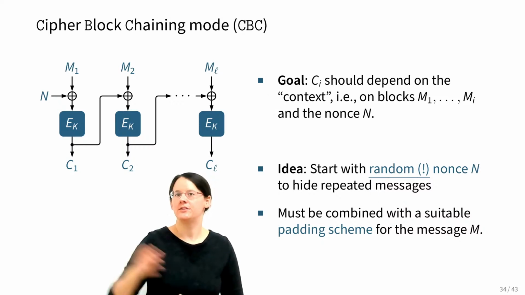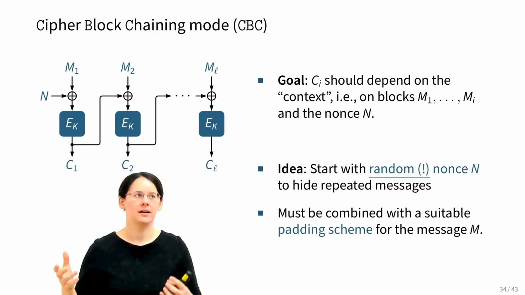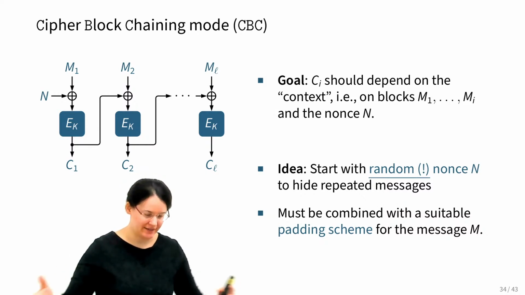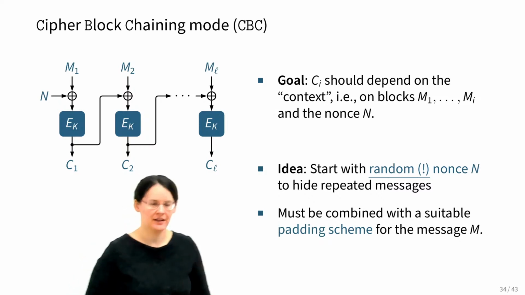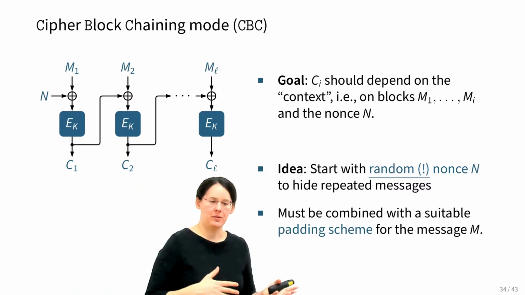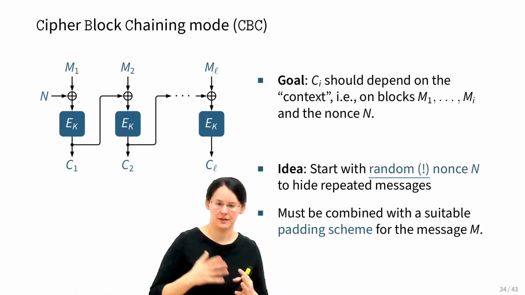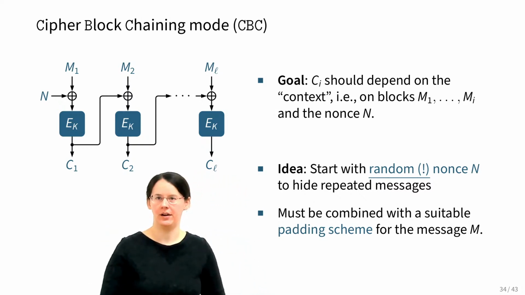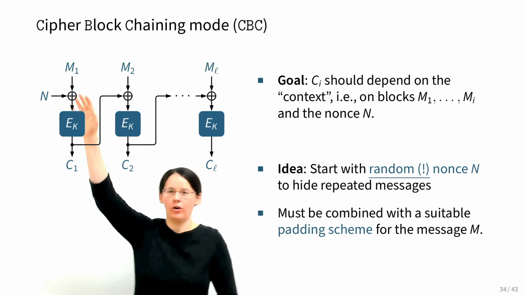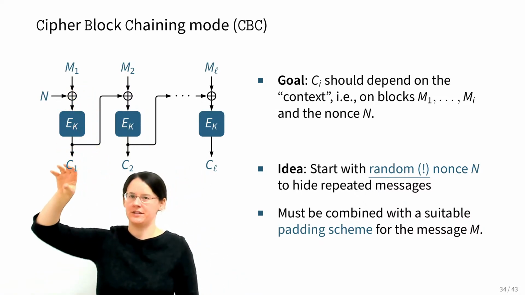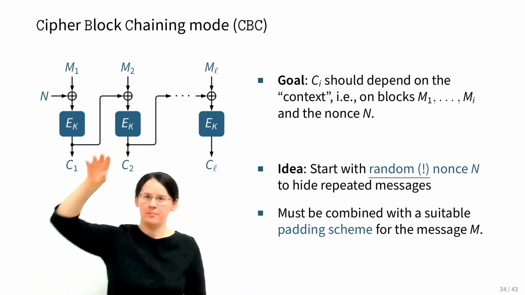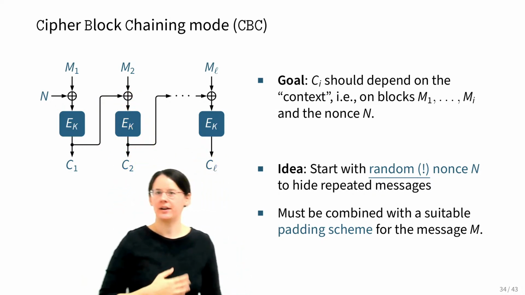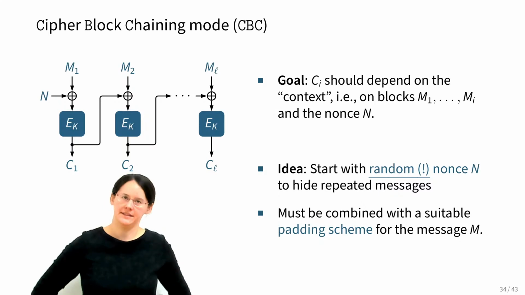So assume that you have a long message and you already get all of this message in the beginning. Ideally, you would, for example, like to use the parallelism of your CPU to do some of the encryption in parallel. You can't do this here because you always need to wait for the first ciphertext block to finish before you can start encrypting the second one, and so on. So it's naturally not parallelizable, and that's a pity.